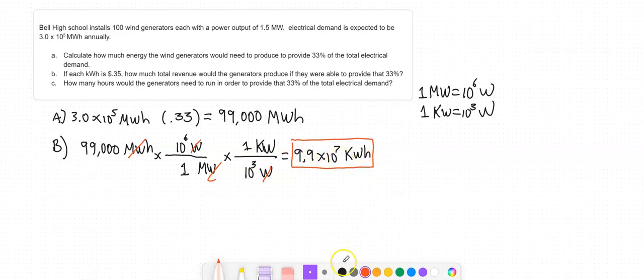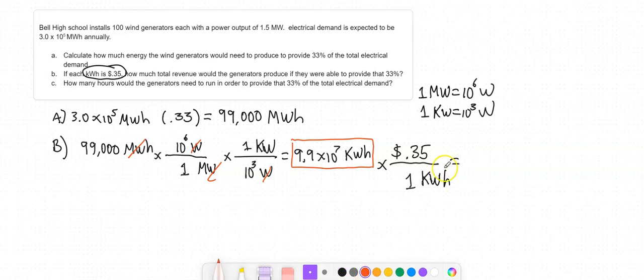So I'm going to take these kilowatt hours, and my conversion factor right here, set this up to cancel. If I have kilowatt hours here, here's my vinculum, I have to have kilowatt hours in the denominator to cancel. And for every 1 kilowatt hour, there is a cost of 35 cents.